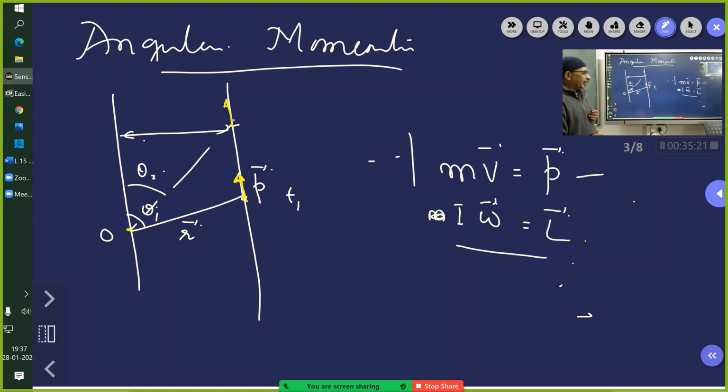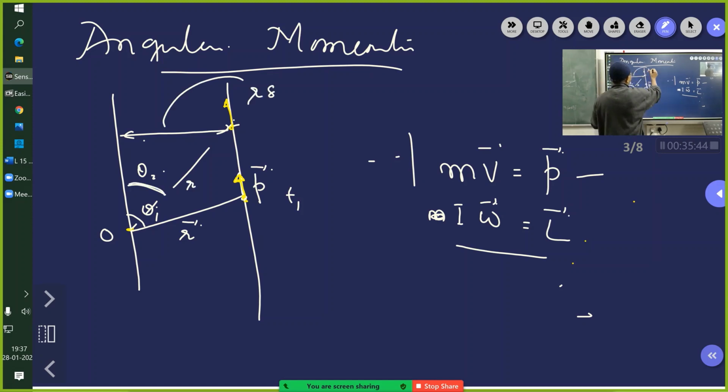So therefore the angular momentum of this particle with respect to this, for this condition, has not changed. Why? Because if you take this r, and this is theta, then this becomes r sin theta.